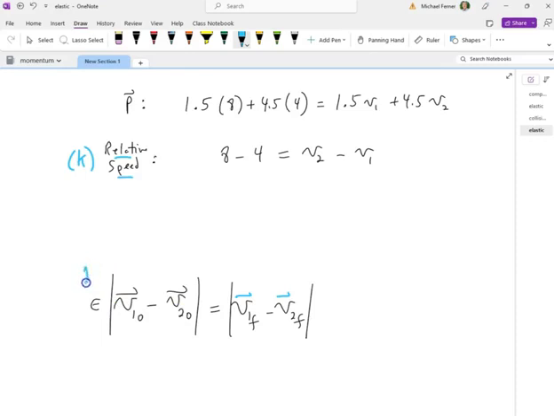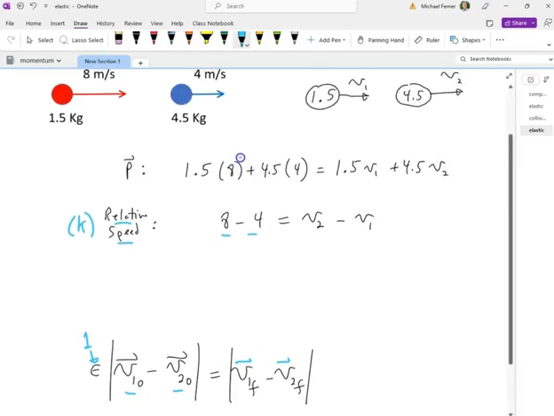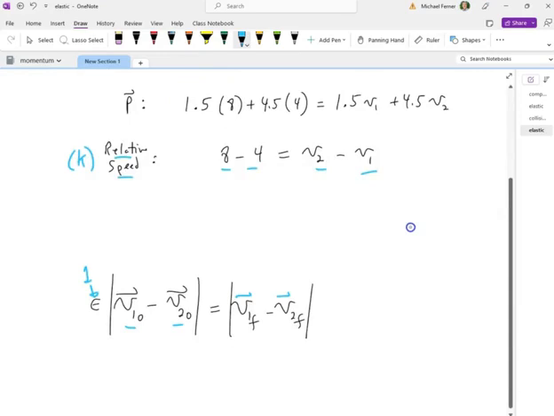Now, in the elastic case, epsilon is 1, and so we're just conserving relative speed. The trick in a one-dimensional problem is to realize that we want the magnitude of both sides. So if I start with 1 minus 2 initially, so it was 8 minus 4, to ensure I have magnitude, I have to switch the order and take 2 minus 1. And as long as you remember to do that, this provides a simpler method.